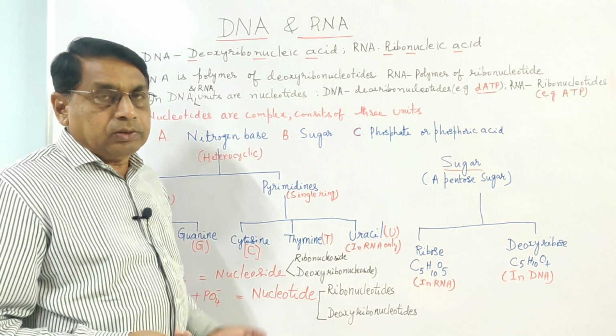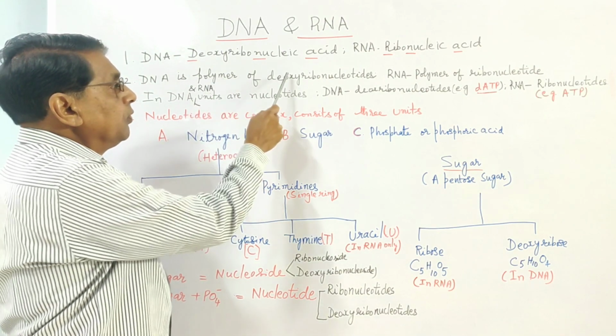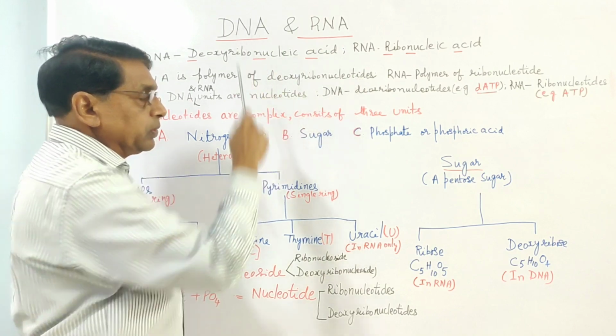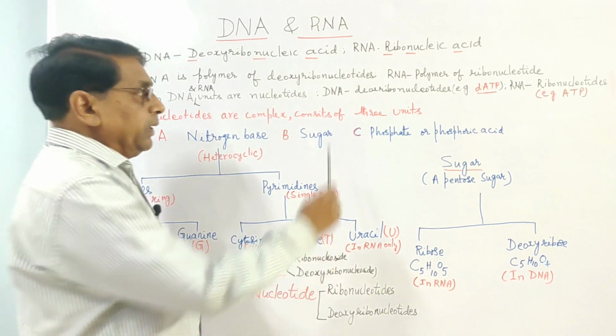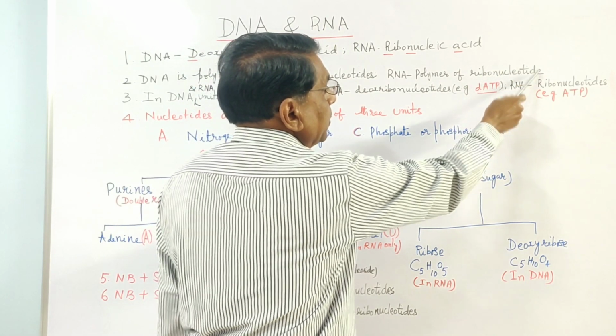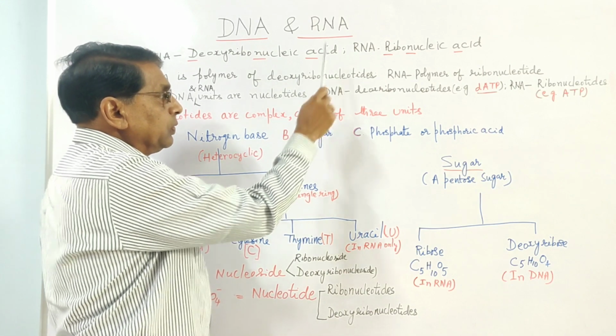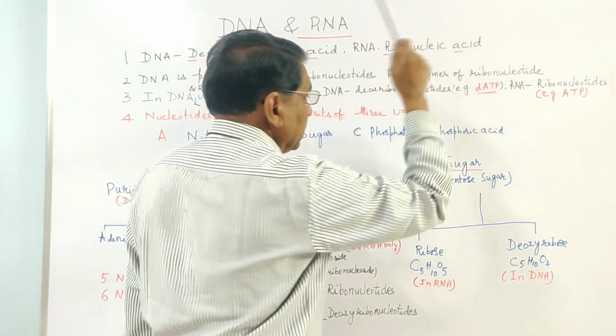Poly means many. It is made up of many units of deoxyribonucleotides. Whereas RNA is a polymer of ribonucleotides. This is a deoxyribonucleotide, this is a ribonucleotide.